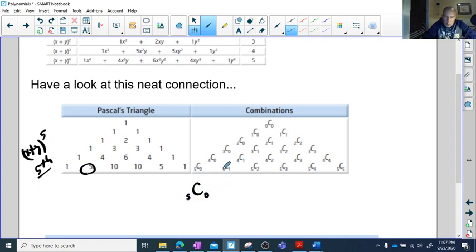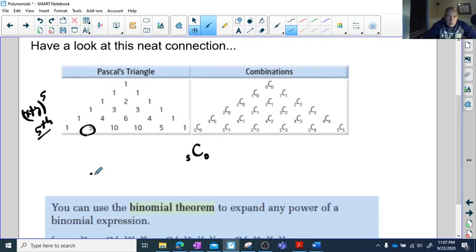Then notice what happens: the second number just keeps going up until you get the same number. So 5 choose 0, 5 choose 1, 5 choose 2, and so on until you get to 5 choose 5. So if I had, let's say, x plus y to the 8th power.